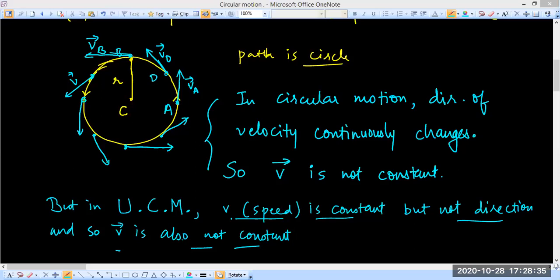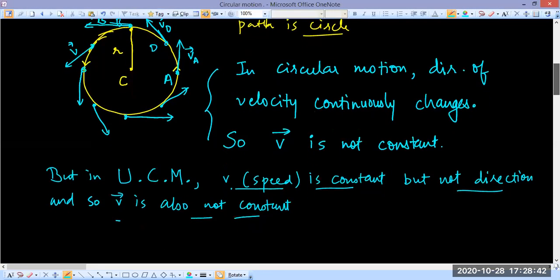Okay, so this is one important idea to remember. You should remember this much: what is there in uniform circular motion? Speed is constant but velocity is not constant because direction is changing continuously.